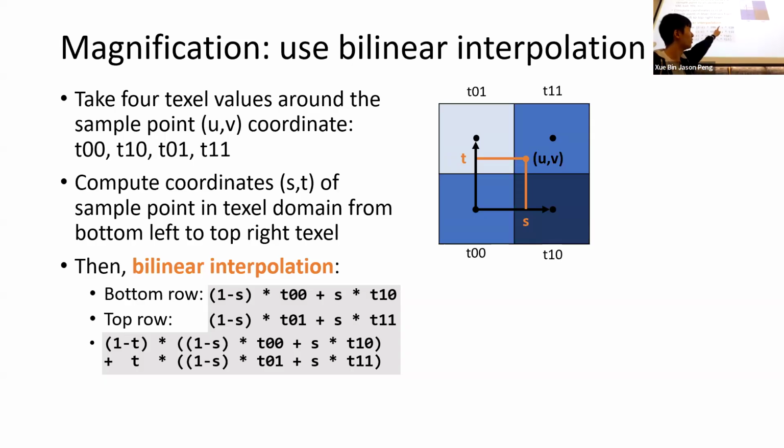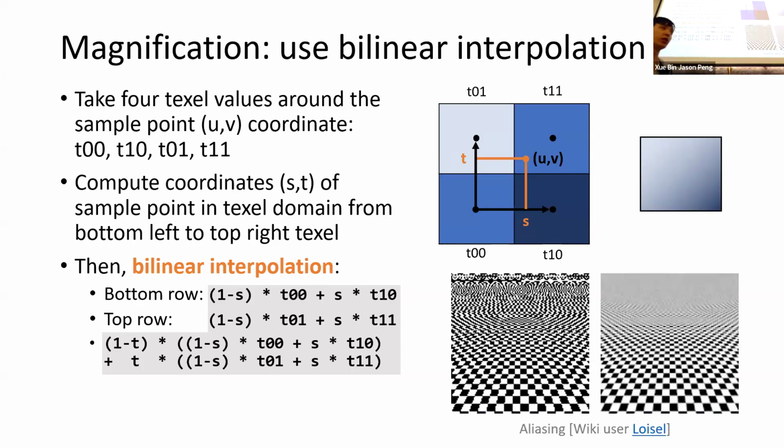So if we interpolate colors all along this 2x2 region of pixels, we get something that looks like this, where depending on where we are within this 2x2 neighborhood, we can get a smooth blending of the colors of the 4 neighboring pixels, instead of having a sharp transition whenever we snap from one pixel to another. And by performing this smooth bilinear interpolation, we can smooth out some of the jagged artifacts that we saw before.